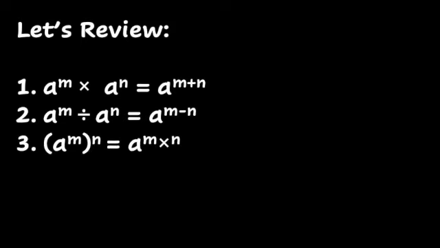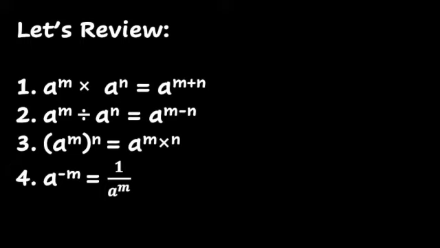Third law is a raised to the power m whole thing raised to the power n equal to a raised to the power m times n. So if we are raising one power to another power, the powers are multiplied. Next law is a raised to the power minus m equal to 1 upon a raised to the power m.